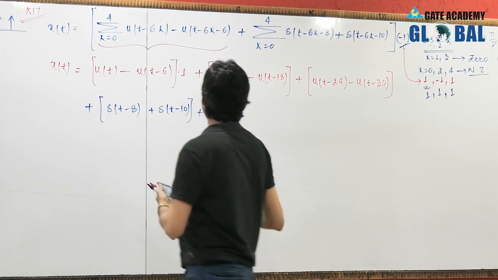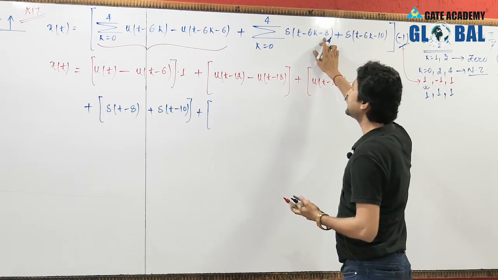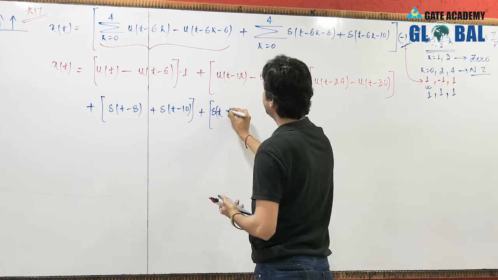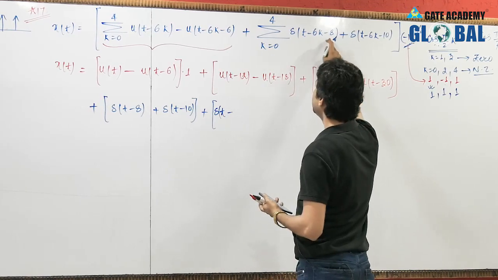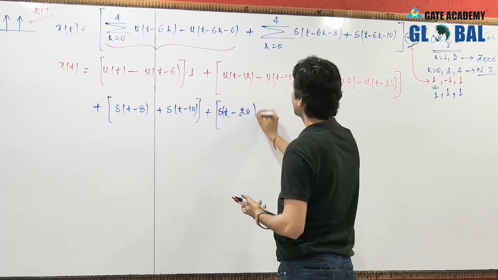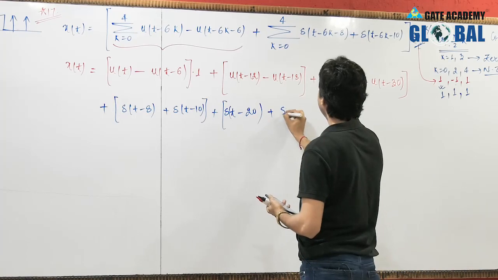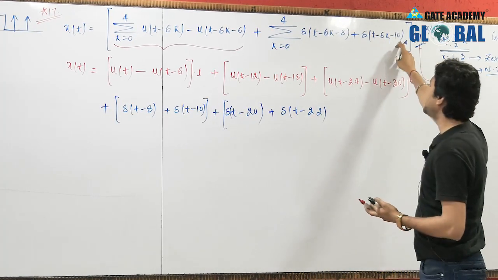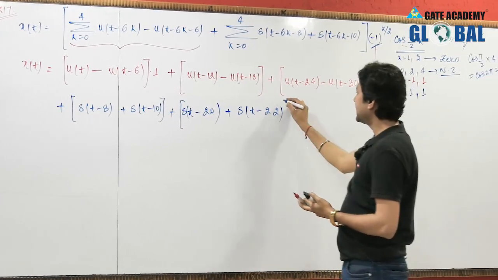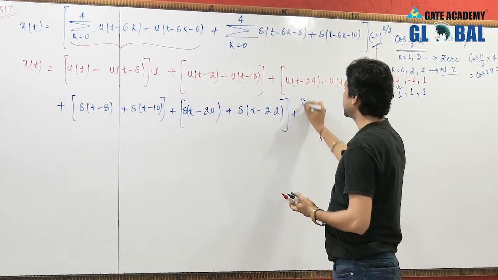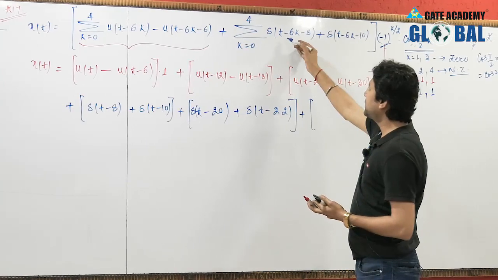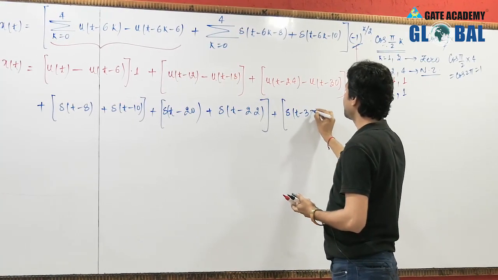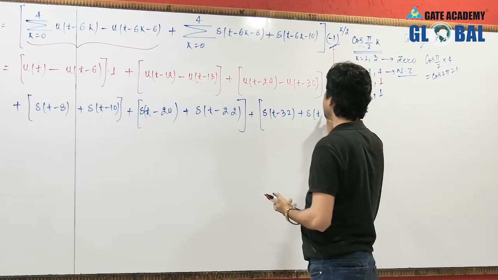For k equals 2, it will be 12 minus 8, that is del of t minus 20, and plus del of t minus 22, since 12 plus 10 is 22. And for the third part, k equals 4, del of t minus 24 minus 8, that is del of t minus 32, and plus del of t minus 34.